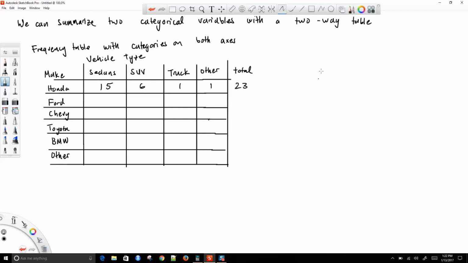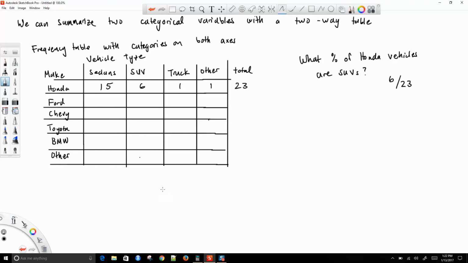Okay, and then we could ask, what percentage of Honda vehicles are SUVs? Okay, and our answer here would be 6 divided by 23, and we would get some kind of fraction.